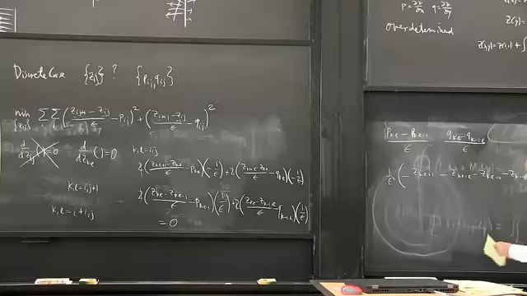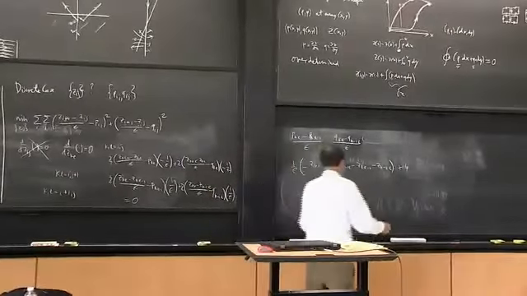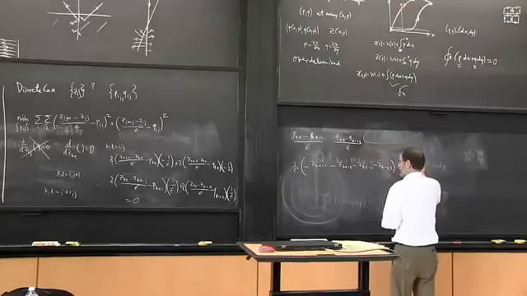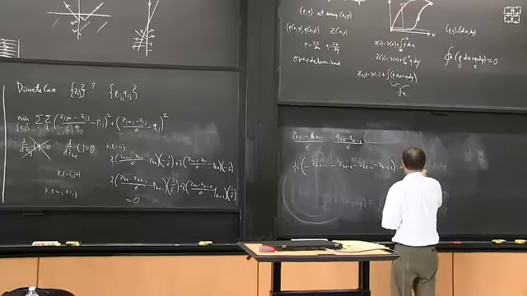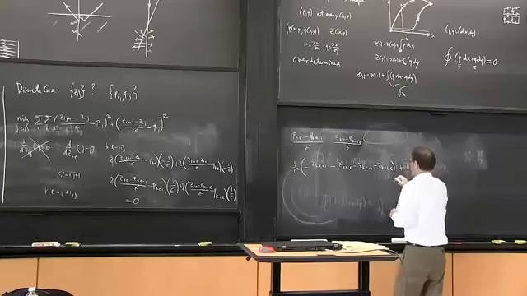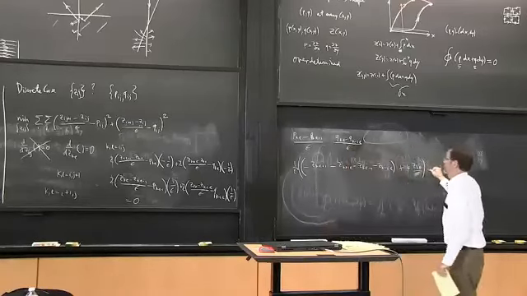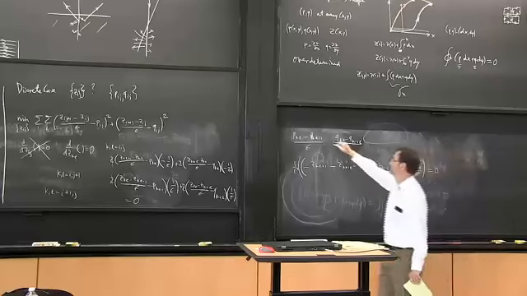And then zkl occurs 4 times. Well, let me just keep the epsilon squared. And all of that's supposed to be 0.